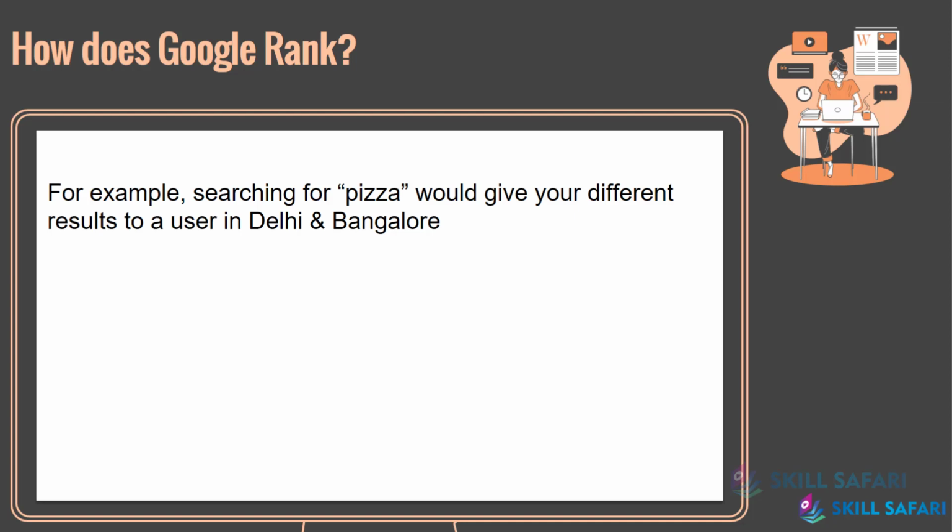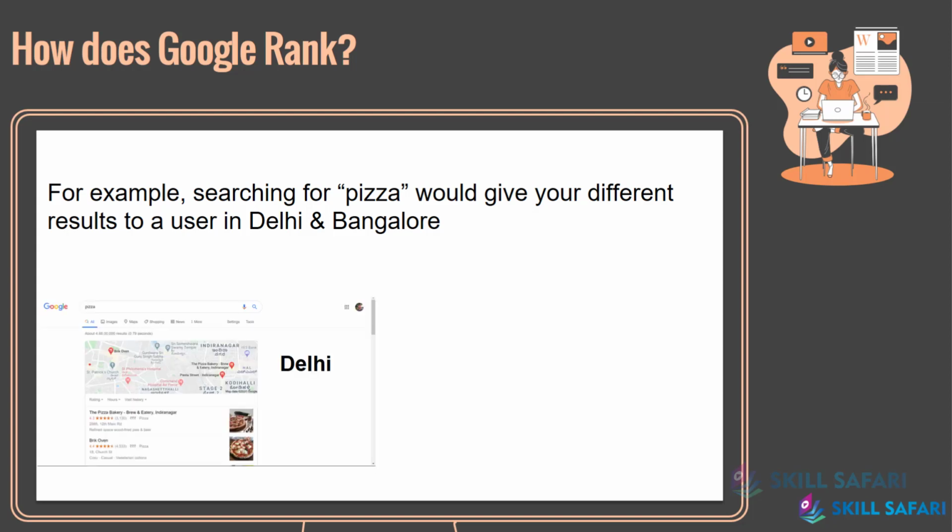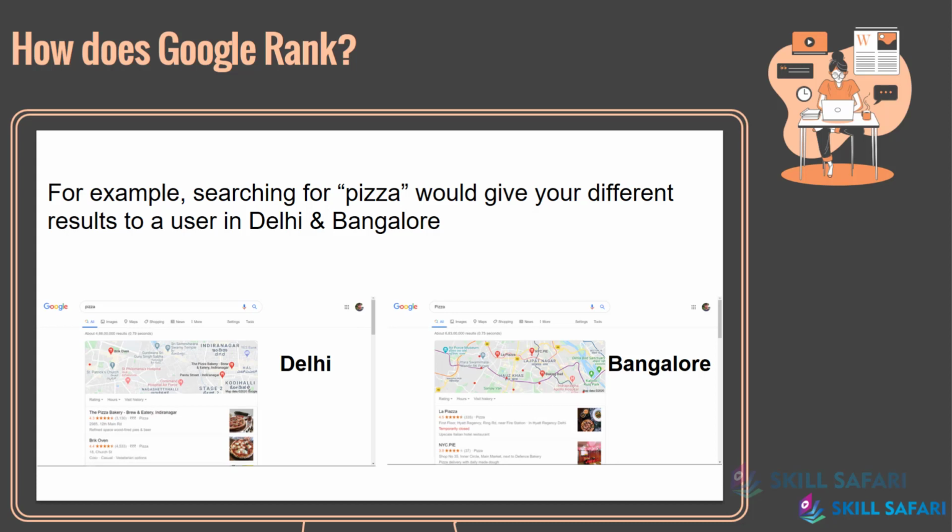For example, I told you Google also shows data according to location. If I search the particular word pizza in different locations like Delhi and Bangalore in Google, these are the data we get. In Delhi, it shows different pizza locations available there, and in Bangalore it shows different restaurants and different sites.